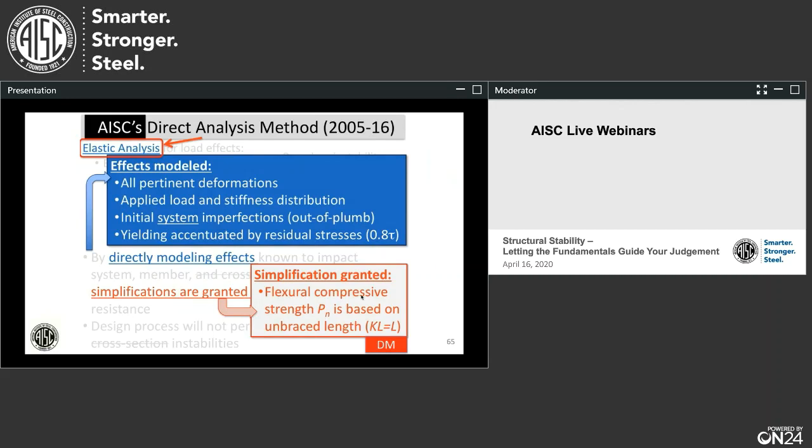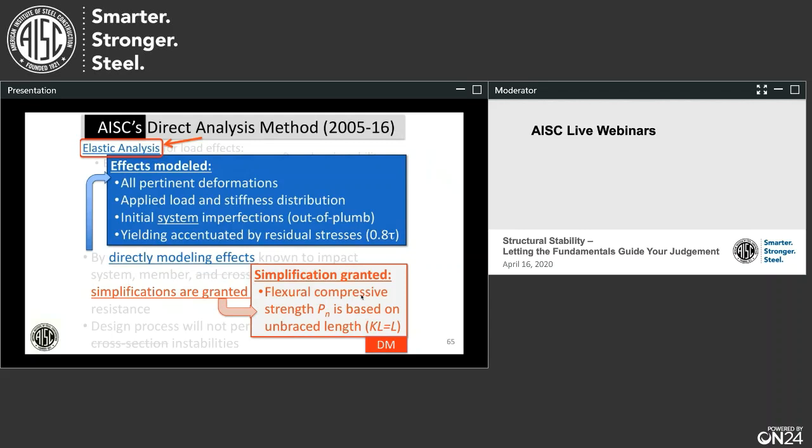And then the simplification that you're granted is you can use the unbraced length as the L sub c in computing the compressive strength of the member.